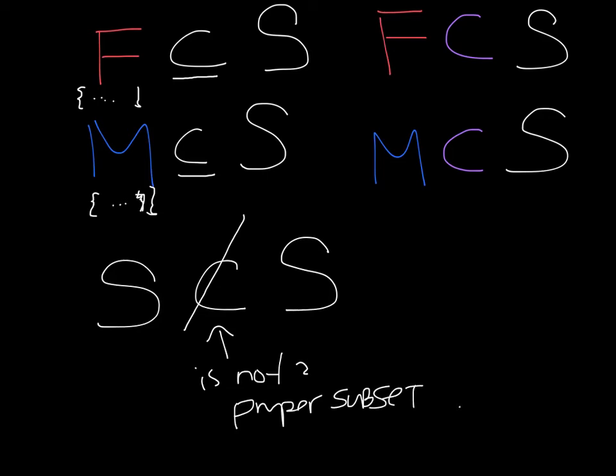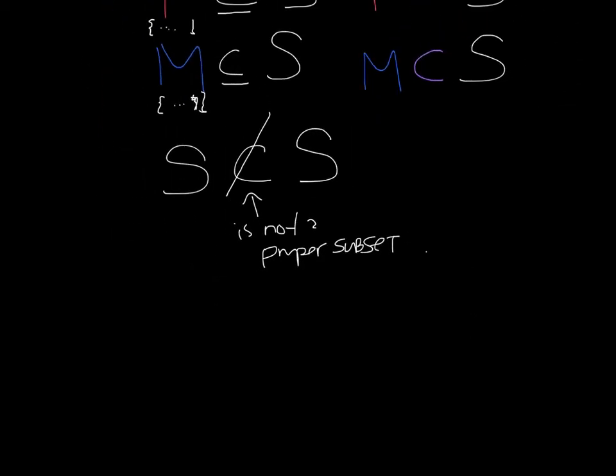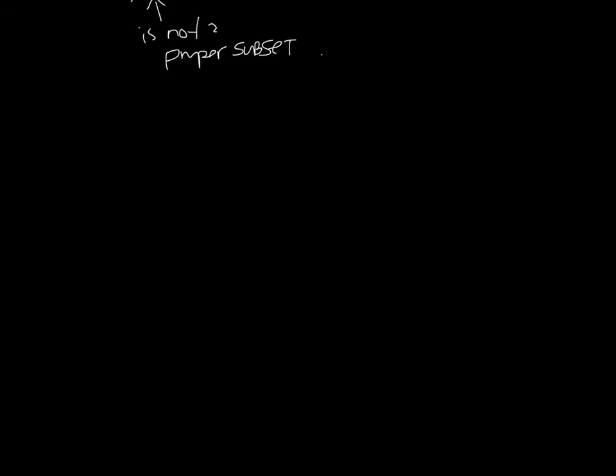Okay, so let's move on to another example. And we're actually going to do an exercise in your book. It's number 44 in section 2.2. The directions say determine whether each statement is true or false, and if the statement is false, then explain why. Again, explain why. Don't just say false if it is false.